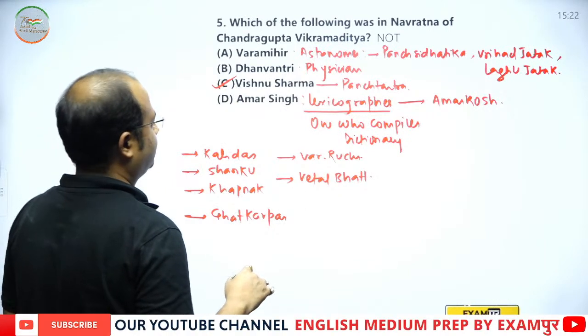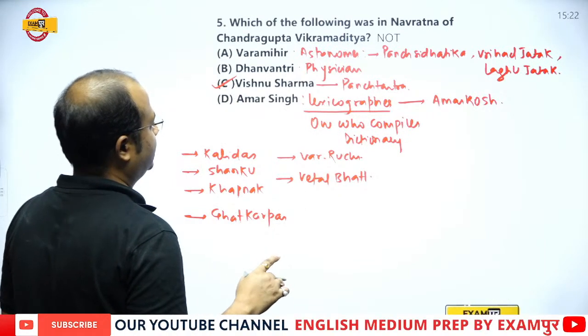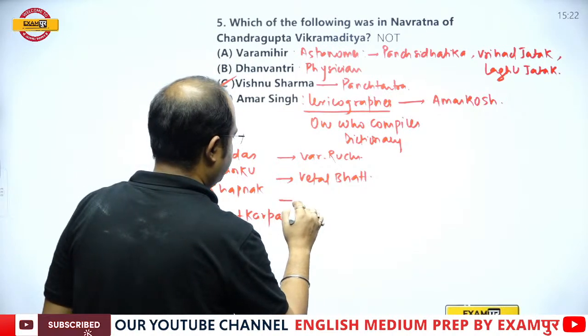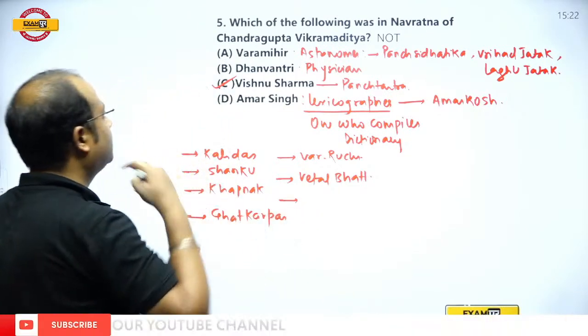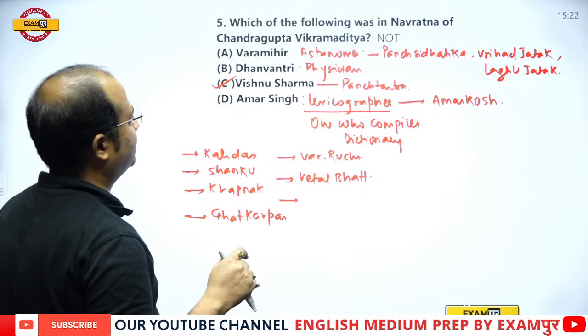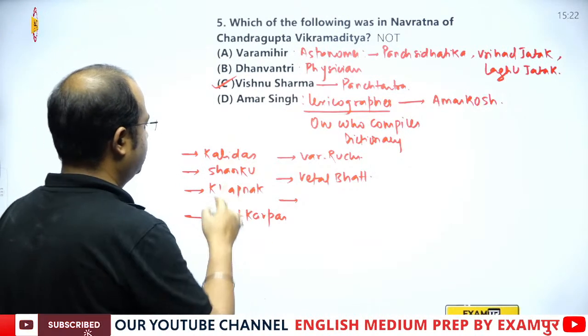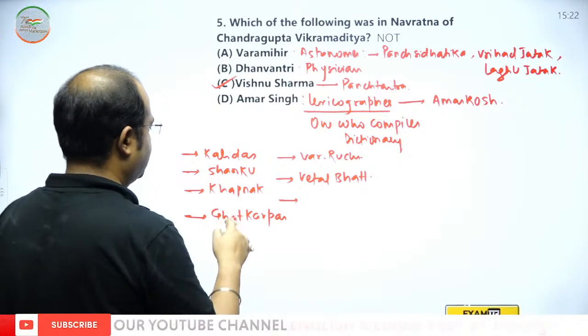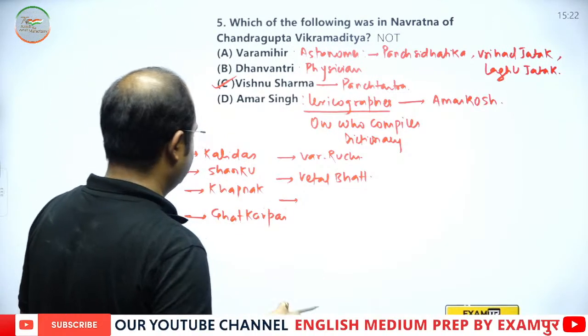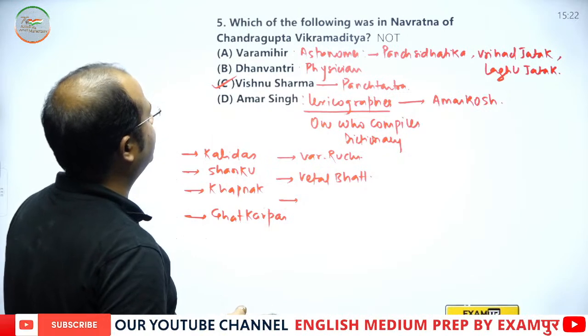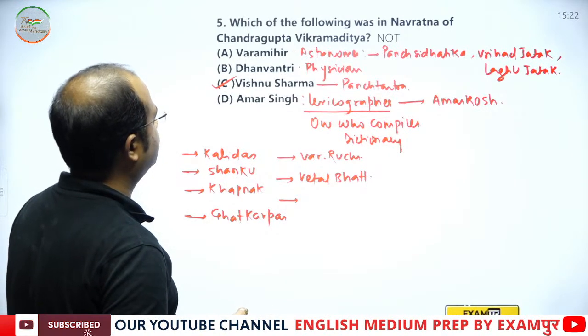And then you have Kalidas, Varamihir, Dhanvantari, and there was one more person, in fact. Then fourth will be Shanku, Shapnak, Ghatkarpar, Varruchi, and one more name is missing.